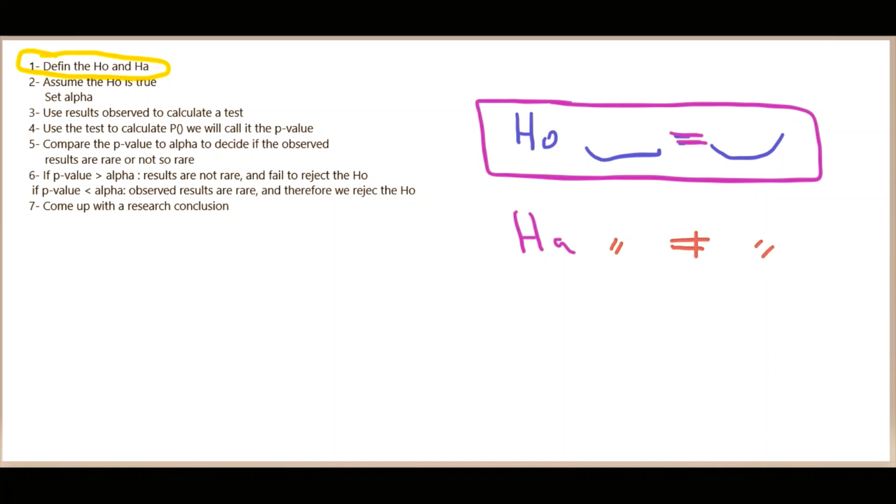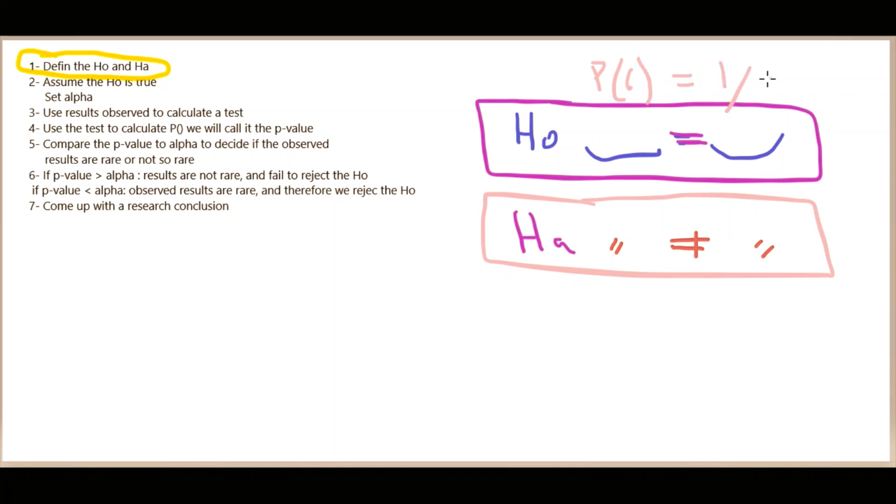Okay? So going back to the example of the dice is fair, you could have written that the probability of getting a 6 is equal to 1 over 6. Okay, see how something equals something. And the alternative hypothesis is going to be that the probability of 6 is not equal to 1 over 6, without committing yourself to any specific value.